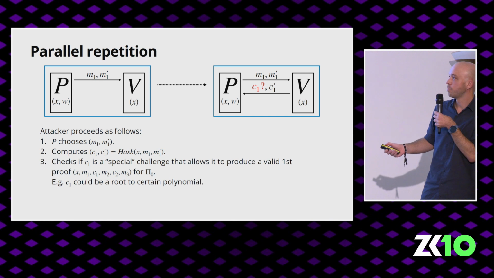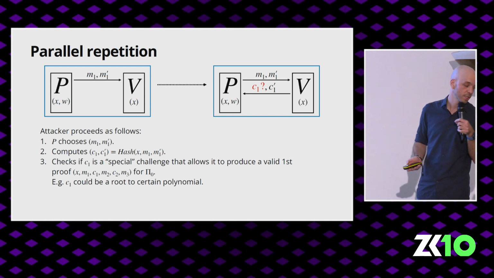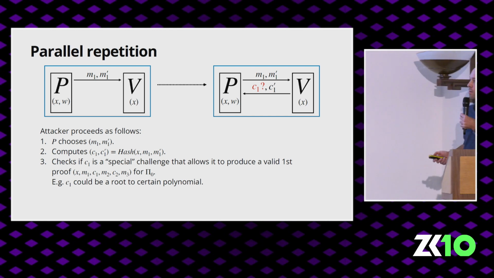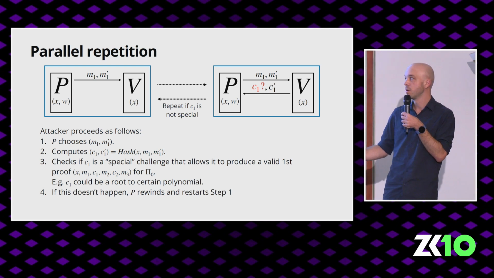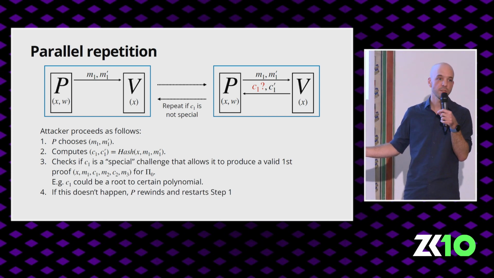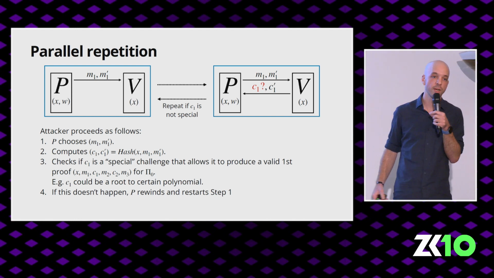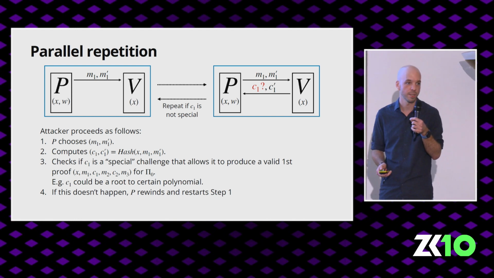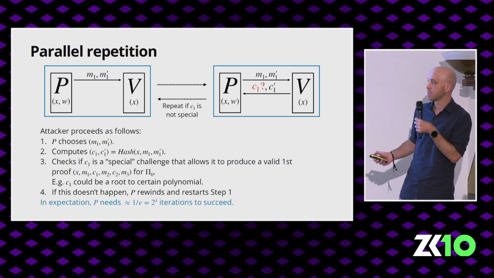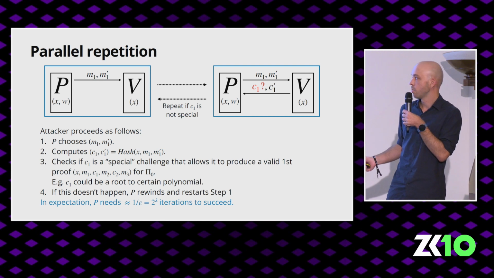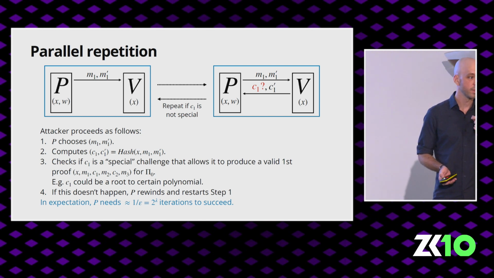So the prover computes the challenges and sees if this C1 is special. If it is, then it moves to the next phase, to the next slide. Otherwise, it repeats and goes back to step 1. It chooses a new message, gets a new challenge, and checks again if the first component is special. In expectation, it needs basically 2 to the lambda iterations to succeed, where lambda is the security parameter of the interactive protocol.